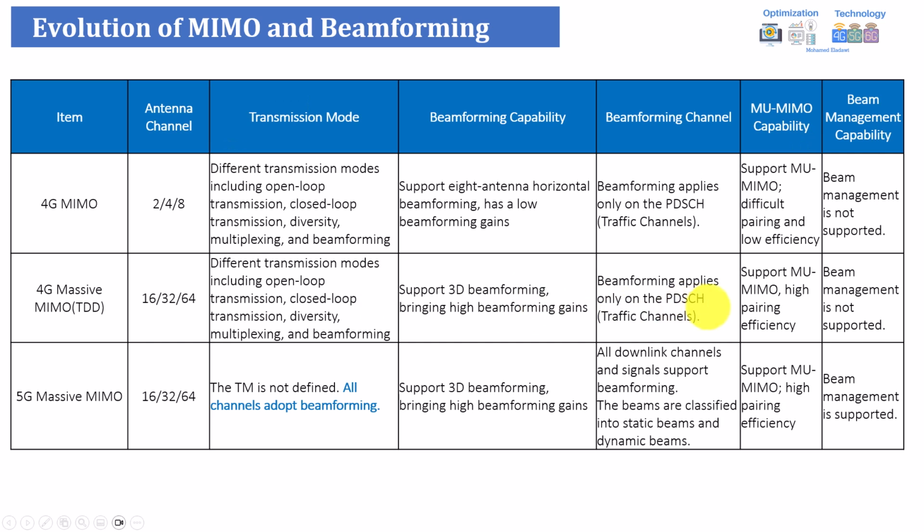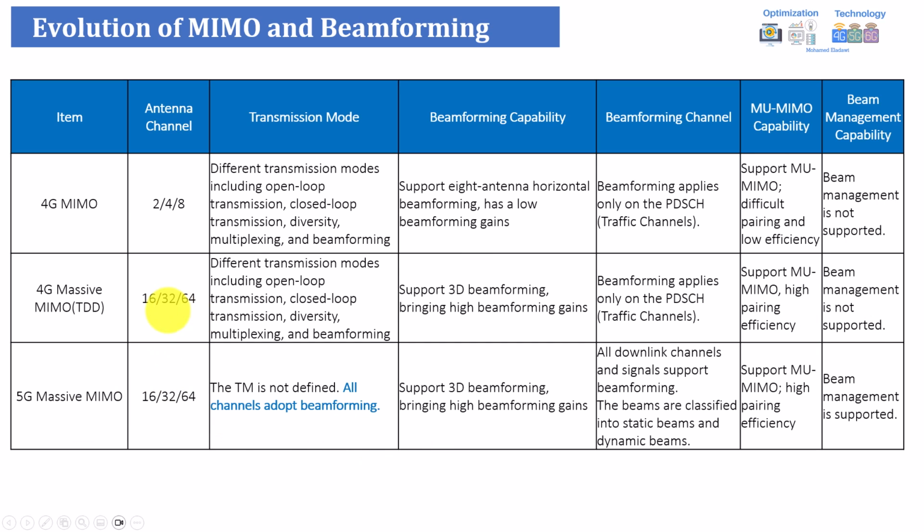You can direct the beam, but this was only for the traffic channels. You didn't have it for common channels, as compared to 5G. It also supported multi-user MIMO, and the multi-user efficiency was far better compared to multi-user MIMO in the legacy or traditional MIMO. Beam management was not supported here.